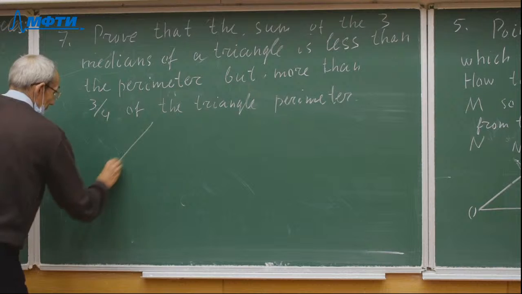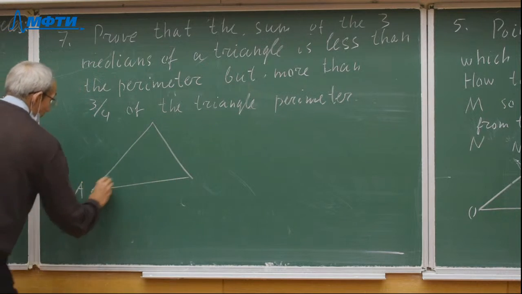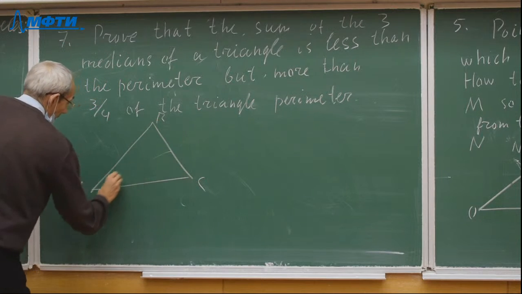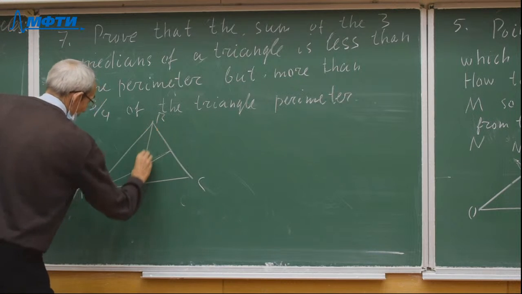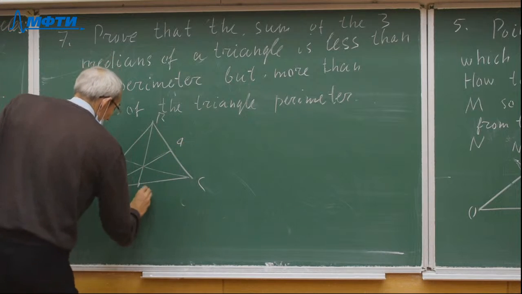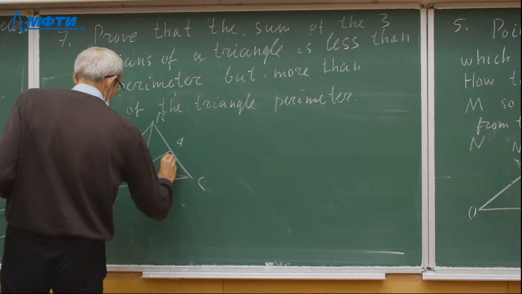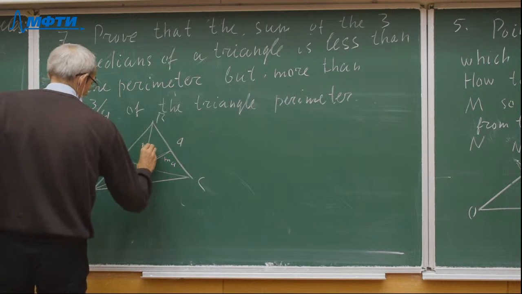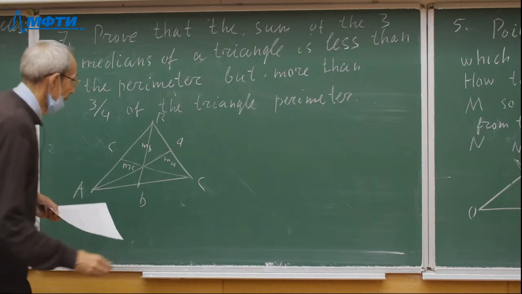We have the triangle ABC and three medians MA, MB, MC.